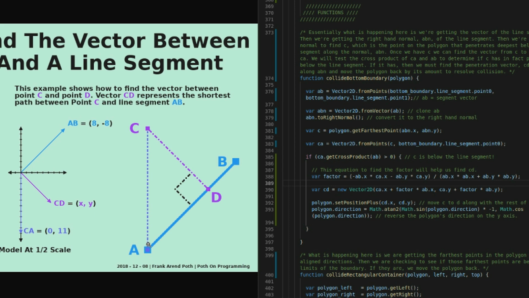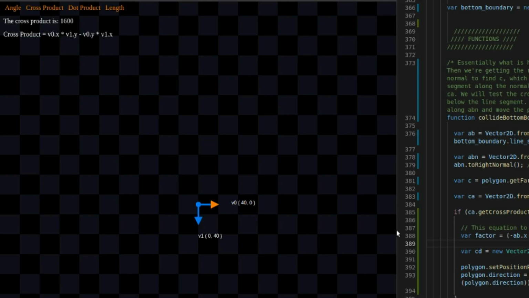Now we test for penetration. Is there penetration from C past line segment AB? And we can use get cross product of CA on AB to do that. So let's take a look at this right here. Let's say, what is CA? CA is going to be vector 0.